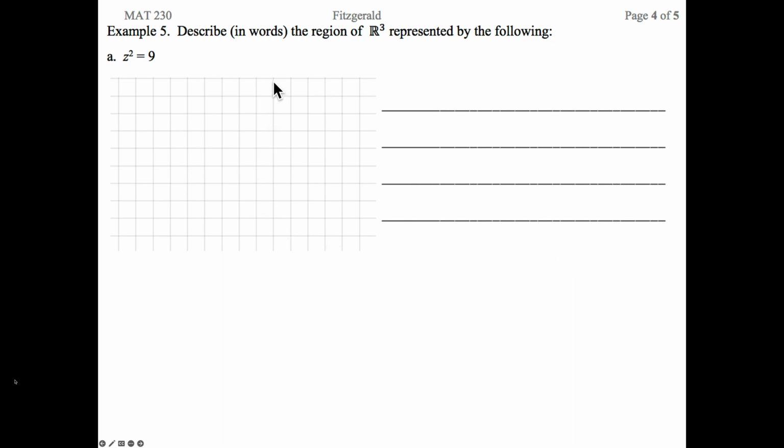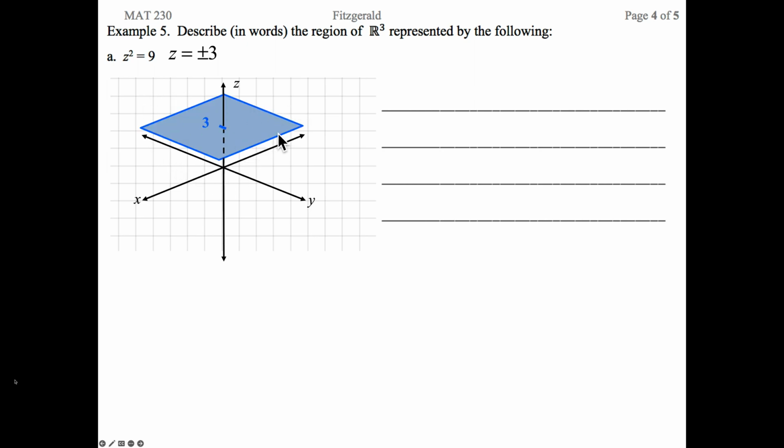Okay, example 5. Describe in words what we get in our three-dimensional space if you had z squared equals 9. So you have to solve for z: positive 3, negative 3, or positive 3, negative 3, I should say. Draw your xyz coordinate plane. So to take care of the positive 3, go up to positive 3. No x's and y's, make a plane parallel to the xy plane.